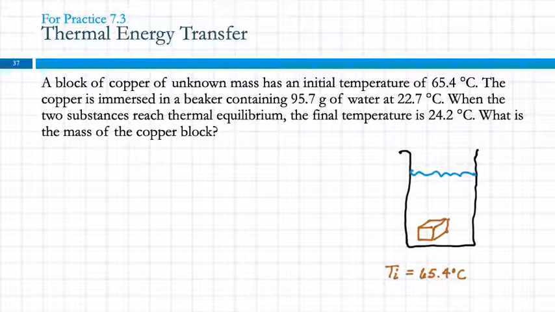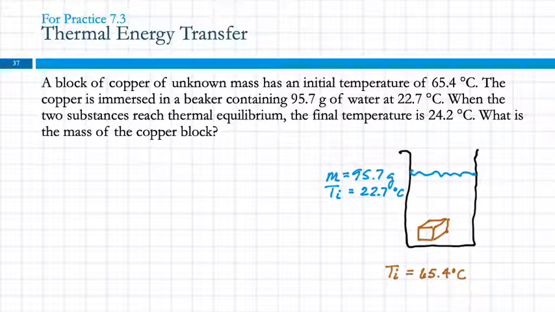It's immersed in a beaker containing 95.7 grams of water. So that's the mass of the water. Mass of the water equals 95.7 grams at 22.7 degrees Celsius. That's the initial temperature of the water. When the two substances reach thermal equilibrium, the final temperature is 24.2 degrees Celsius.